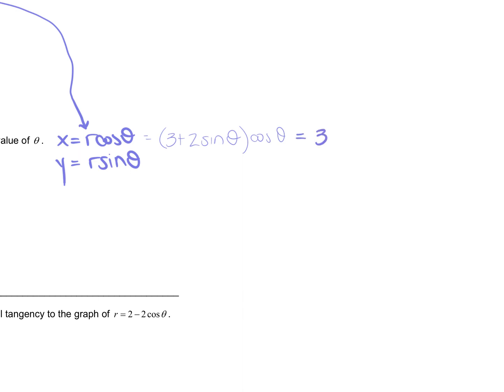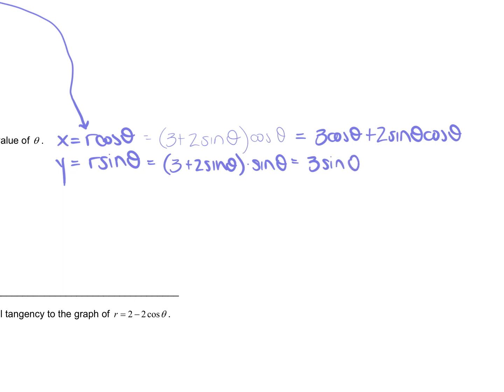That's going to give me 3 cosine theta plus 2 sine theta cosine theta. Yes? All right, so what's it going to look like for the y? That's going to be 3 plus 2 sine theta multiplied by sine of theta.